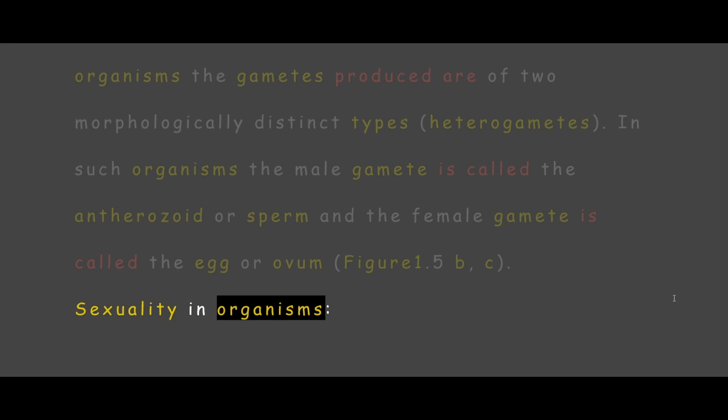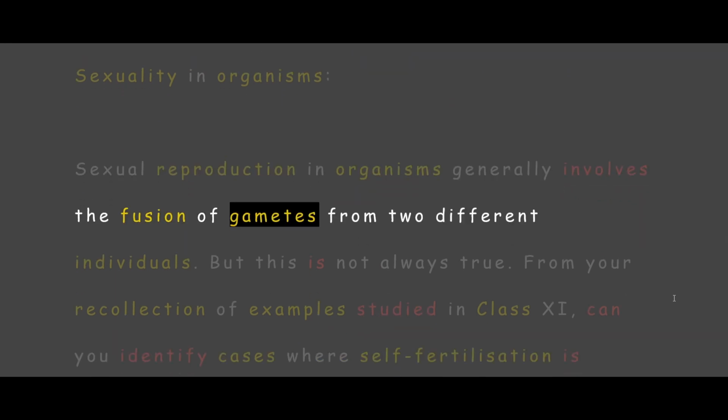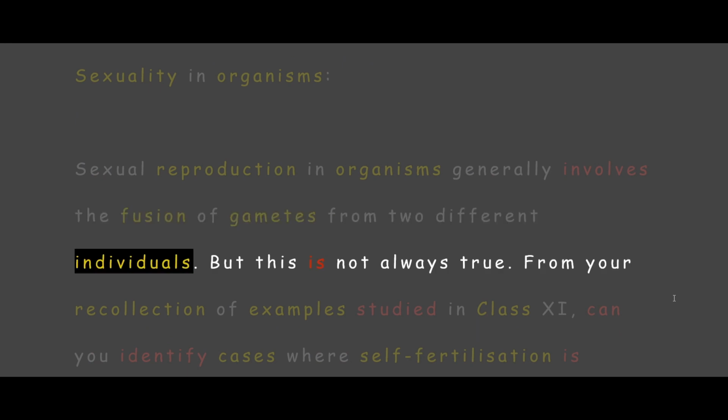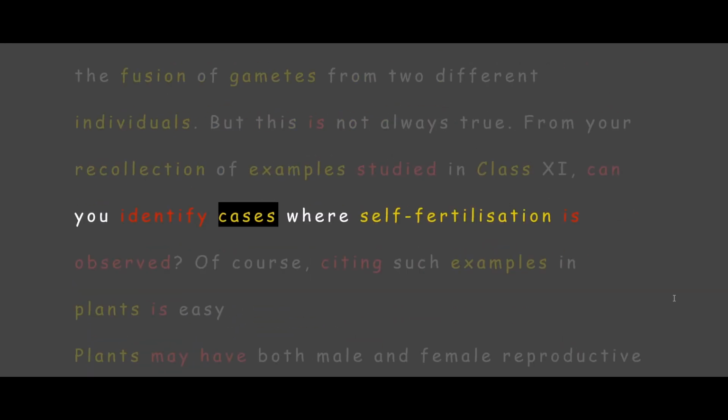Sexuality in organisms. Sexual reproduction in organisms generally involves the fusion of gametes from two different individuals. But this is not always true. From your recollection of examples studied in Class 11, can you identify cases where self-fertilization is observed?